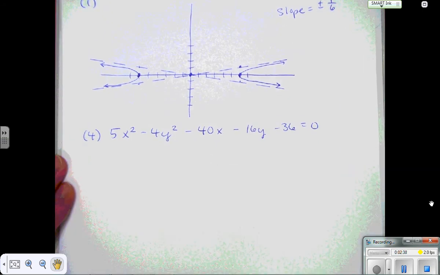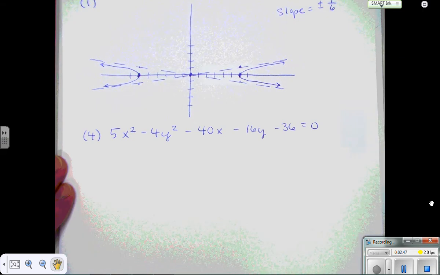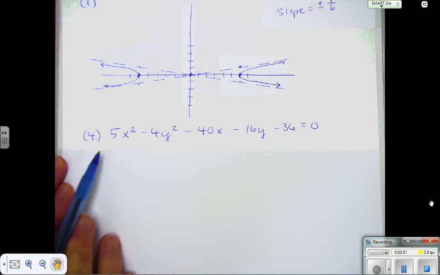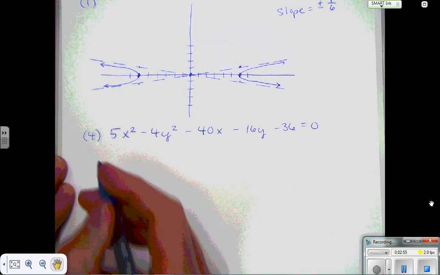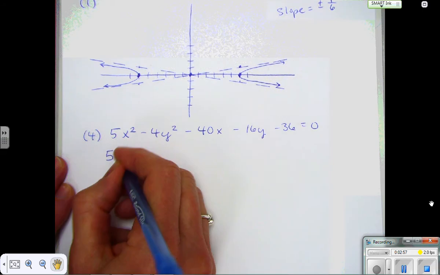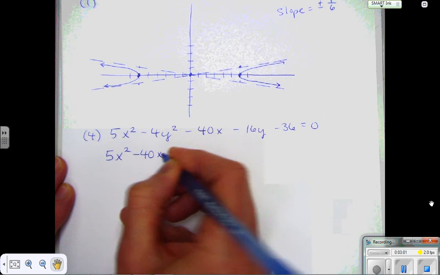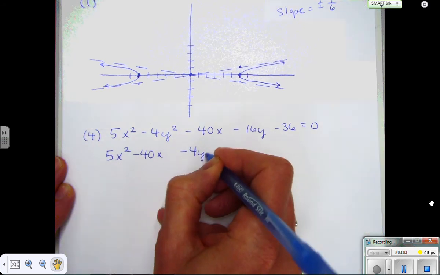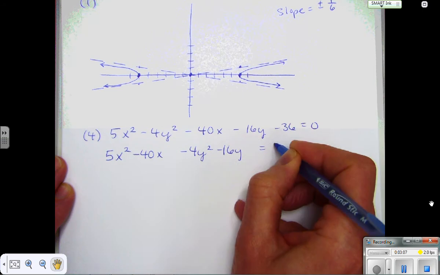So the first thing I want to do is get my x variables together and my y variables together, and then move the constant, that negative 36, to the other side of the equal sign. And I want to lead with the positive variable, so I'm going to lead with that 5x squared. Okay, so I'm going to reorganize: 5x squared minus 40x minus 4y squared minus 16y equals 36.